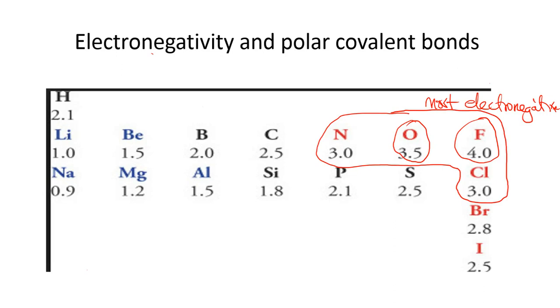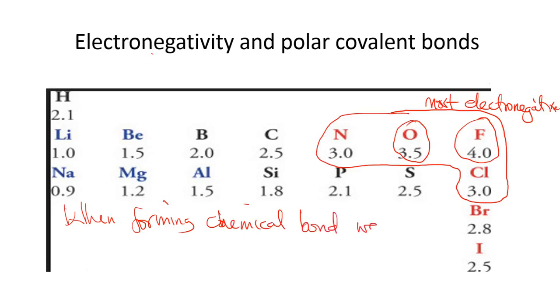Now, some things that we need to understand. Normally when we form chemical bonds, we look at the differences in electronegativities. So when forming chemical bonds, we look at differences in electronegativities.